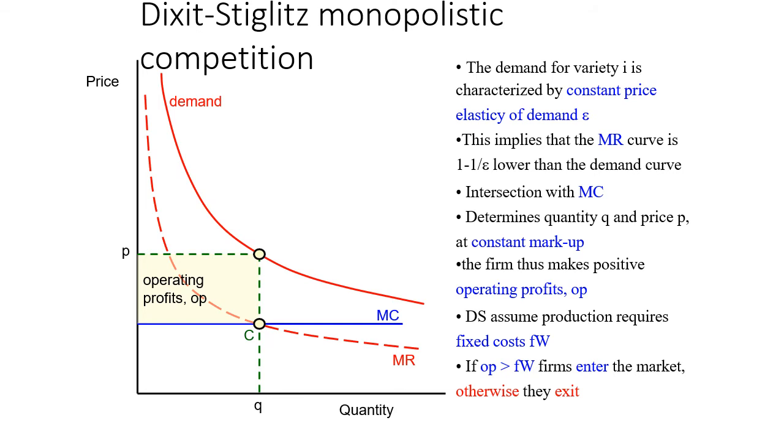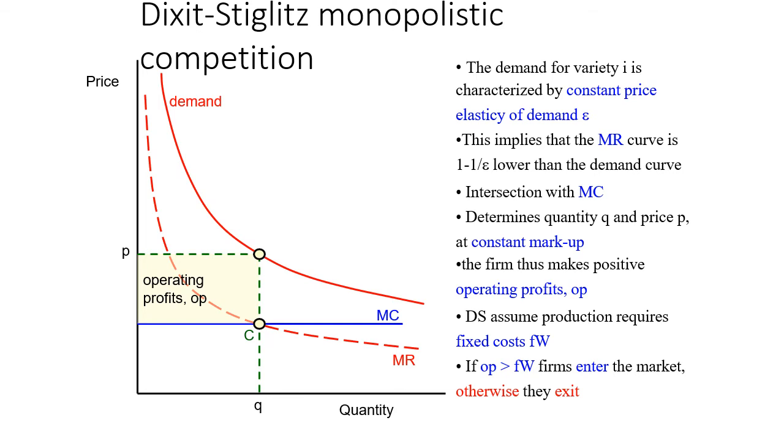If it is not more than your fixed cost, then you will not enter the market, because it's no use your profit maximizing where MR equals MC, but the operating profits that you're making don't even cover the amount of money that you invested into the firm. All right. So as long as your operating profits are more than your fixed cost, you enter into the market. And it is important for you to understand. If not, you won't enter into the market or you leave the market.